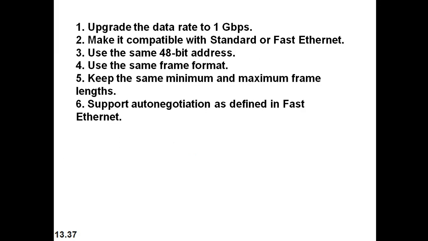The goals of this gigabit Ethernet are: we need to upgrade the data rate to 1 Gbps, and make it compatible with the standard Ethernet as well as fast Ethernet. We are using the same 48-bit addressing scheme, so that we can identify or detect these NICs.